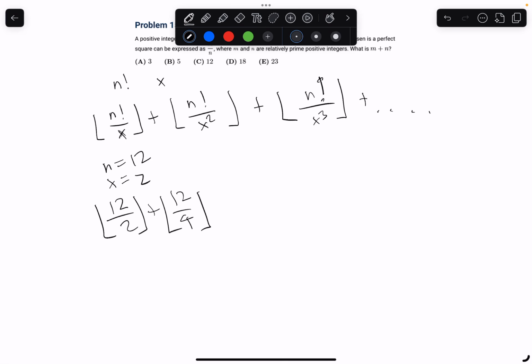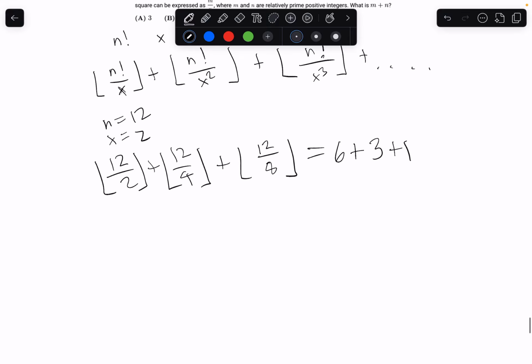So we have the floor of 12 over 2 plus the floor of 12 over 4 plus the floor of 12 over 8, and 16 is larger than 12, so that doesn't count. That's 6, then 3, then 1, so this is 10, which means there are 10 factors of 2 in 12 factorial.